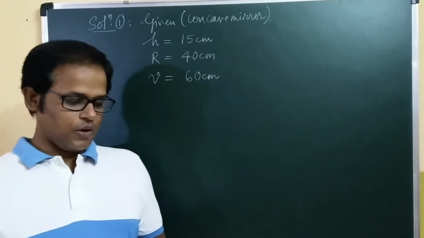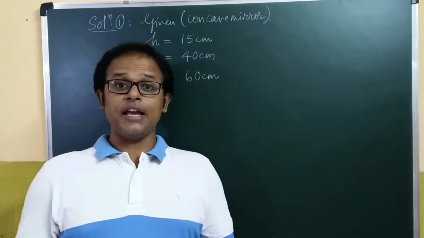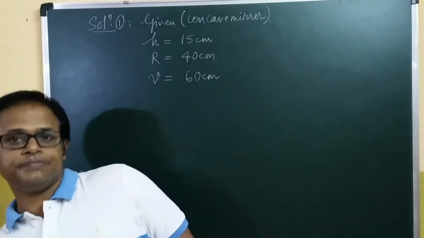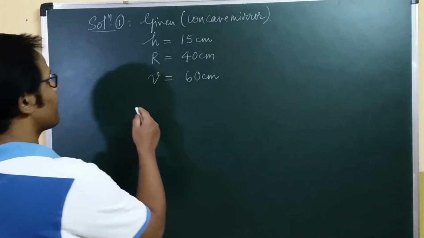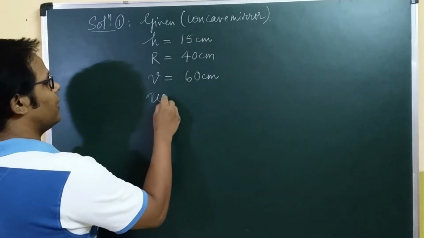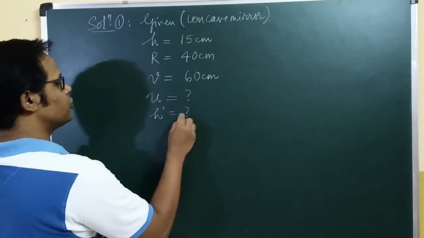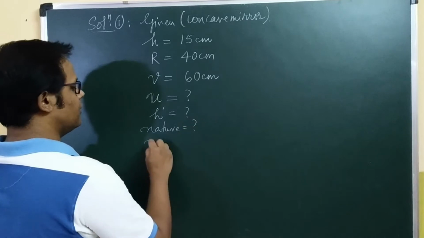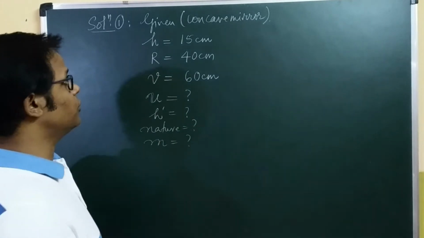Calculate the distance at which the object should be placed, size of the image and the nature of the image formed. So let's get on to it. You need to find where the object is to be placed, height of the image, the nature, and even if you want you can find the magnification also. This is what the question looks like.